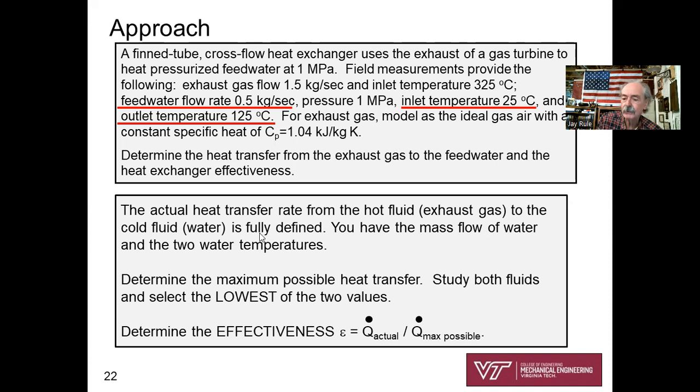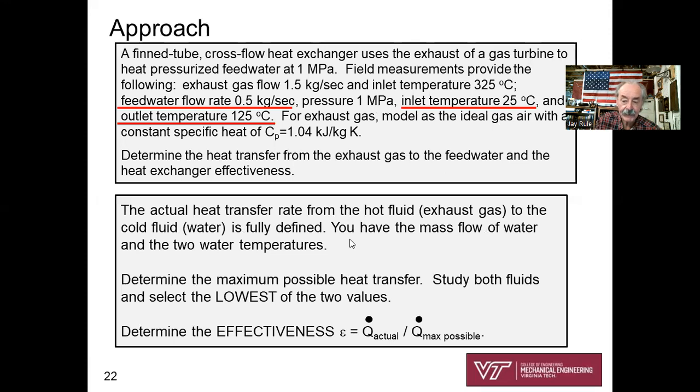So do you see that you can apply the first law of thermodynamics for the water heating to get the actual heat transfer rate just from the given information? The amount of heat transfer into the feed water exactly equals the heat transfer leaving the exhaust. So that's going to be pretty easy to determine, the heat transfer from the exhaust gas.